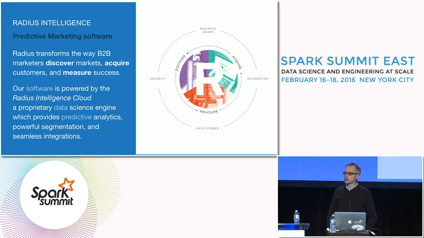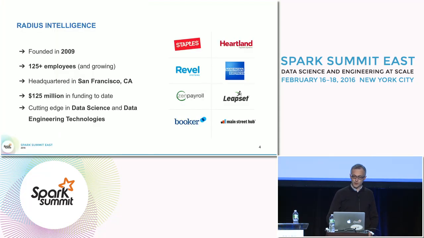And our solution goes beyond lead scoring. So we have to build a comprehensive and accurate graph of all the US businesses that are used through our predictive segments. We achieve this by taking a data science and data engineering approach, and I will illustrate that during the rest of my talk.